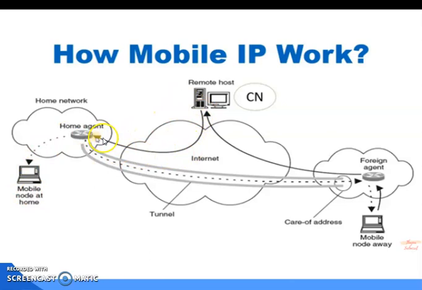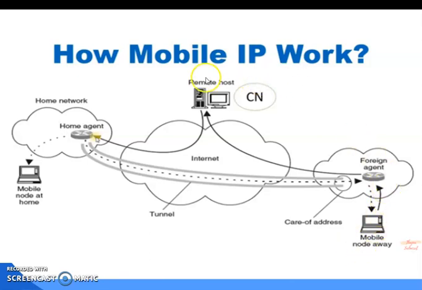If it is not present, that means it has changed its location and moved to another location, that means it is in the foreign location. So what will be the process? When the mobile moves to another network area, the foreign network, the foreign network retrieves data from the home network to identify whether it is a registered mobile or not.